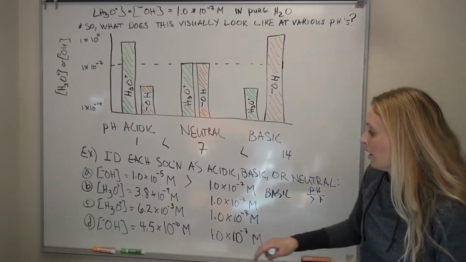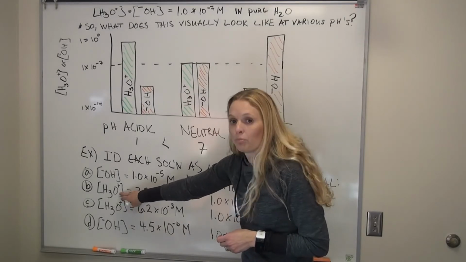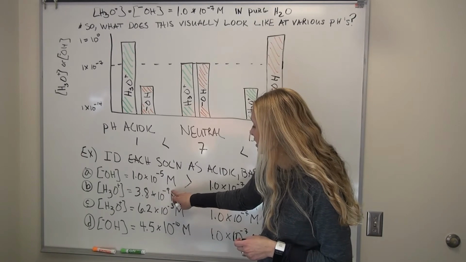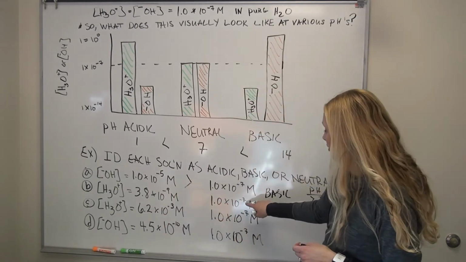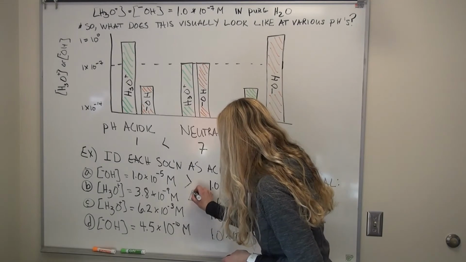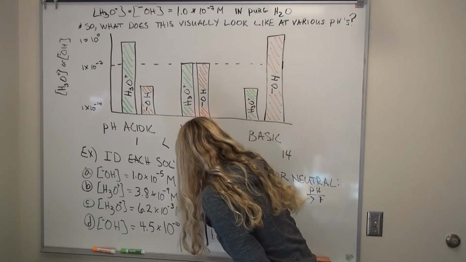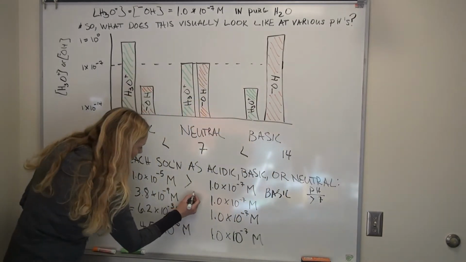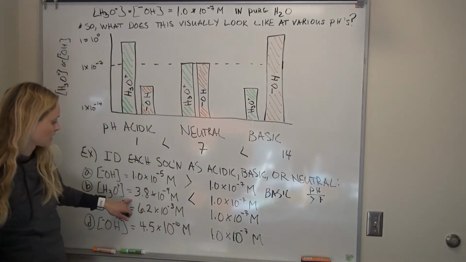All right, so for B, we're looking at H3O plus is 3.8 times 10 to the minus 9th. So this number is smaller than 1 times 10 to the minus 7th. So it's less than. Okay, this number is less than.